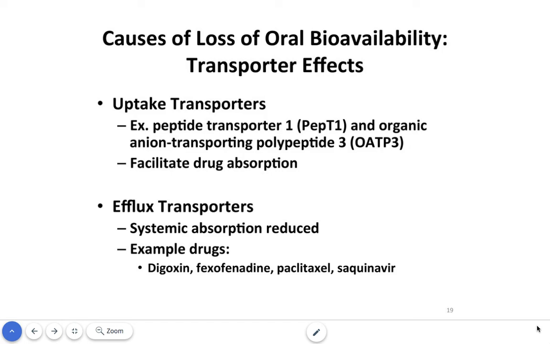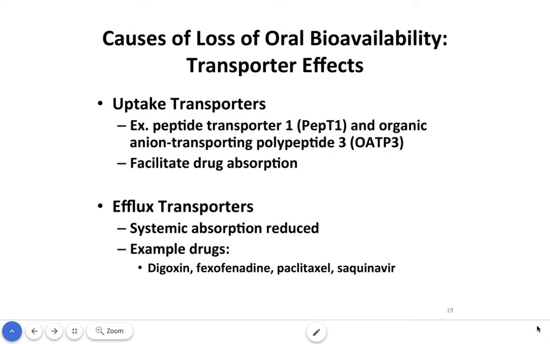Now, there is another group of transporters called efflux transporters. These have been found to efflux, or eject or propel, drug molecules from the intracellular environment to the extracellular environment. So these transporters are harmful and deleterious to the overall bioavailability of molecules.